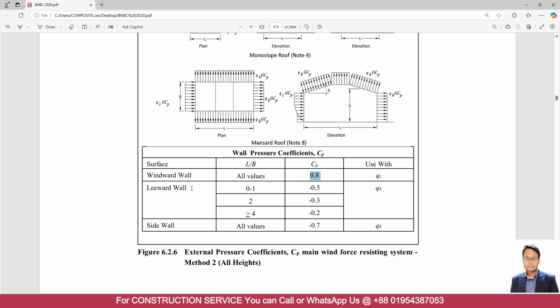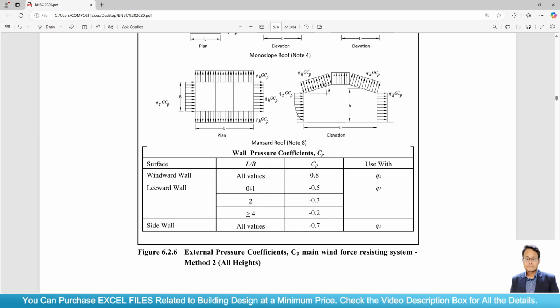But for the leeward wall, if L by B ratio is between 0 to 1, in that case Cp equals minus 0.5. If the ratio is 2, Cp value will be minus 0.3, and for greater than or equal to 4, Cp value will be minus 0.2.